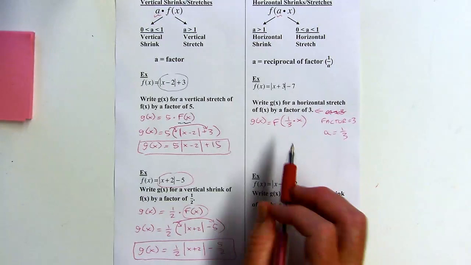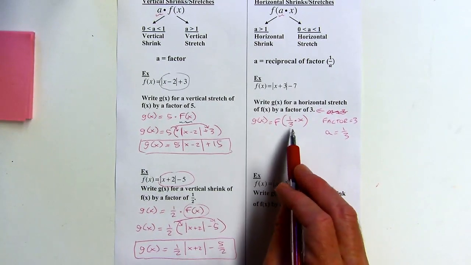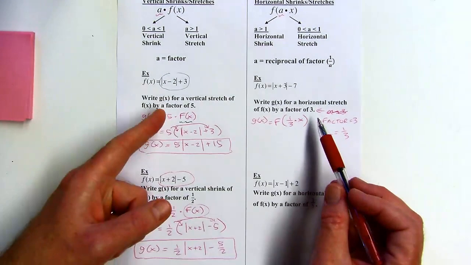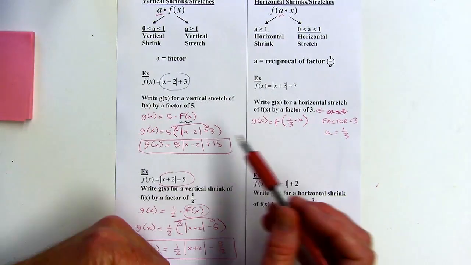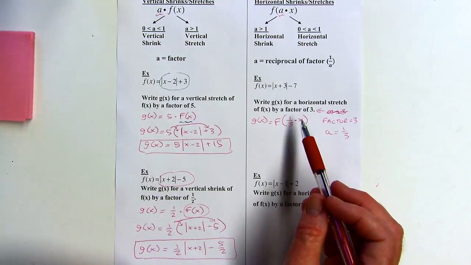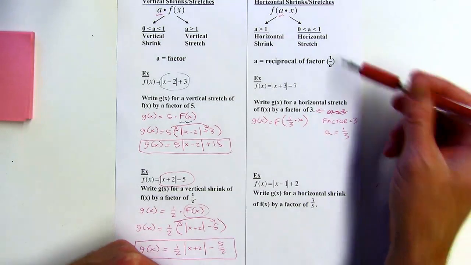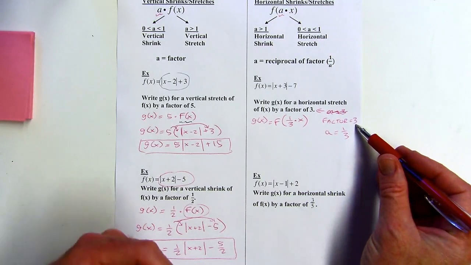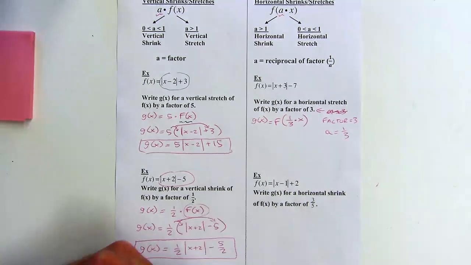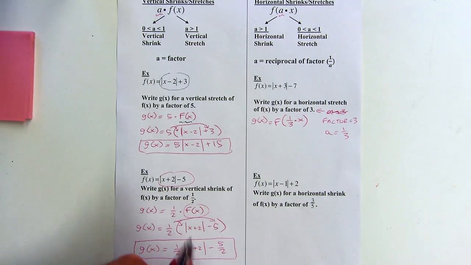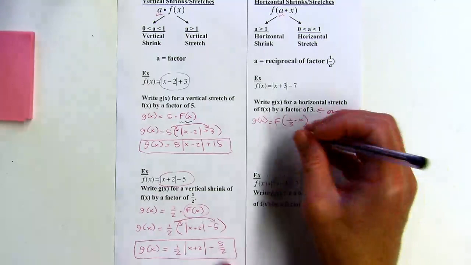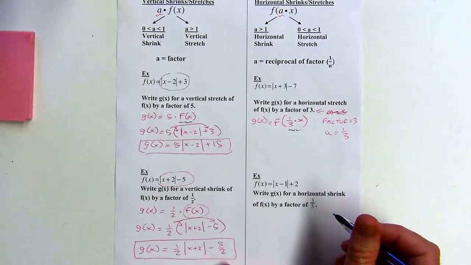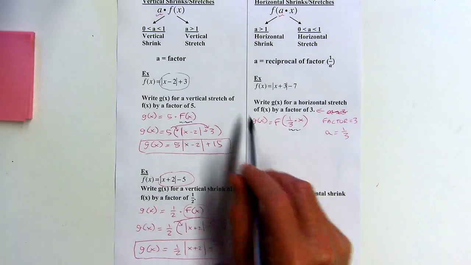Okay, I often see people just do f of 3x, and I get that because it's confusing, because that's what we would have done if it was a vertical change. But with the horizontal ones, you have to use the reciprocal. So you flip this fraction upside down. It's not a fraction, but you could write it as 3/1, and then the reciprocal would be 1/3. Okay, and now what I'm going to do with this one is I'm going to input this into function f. So this is f of x.